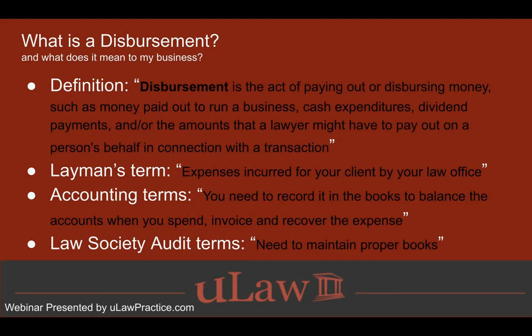Basically disbursing money, such as money paid out to run a business or cash expenditures and any other amounts that a lawyer or a paralegal might have to pay out on a person's behalf in connection with a transaction. And the person here is none other than your client. When you're expending or disbursing money on behalf of your client, from either trust or general, it is known as disbursement.